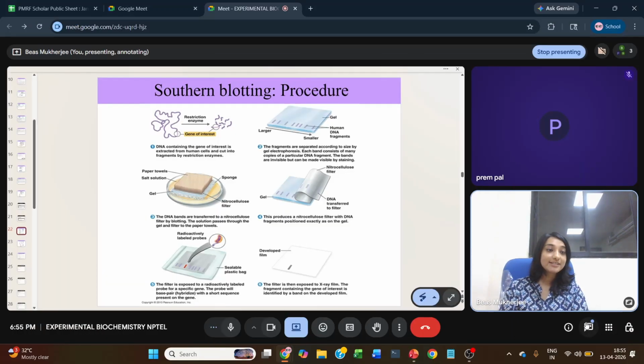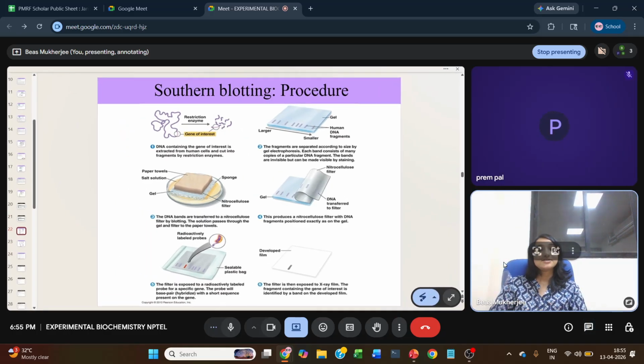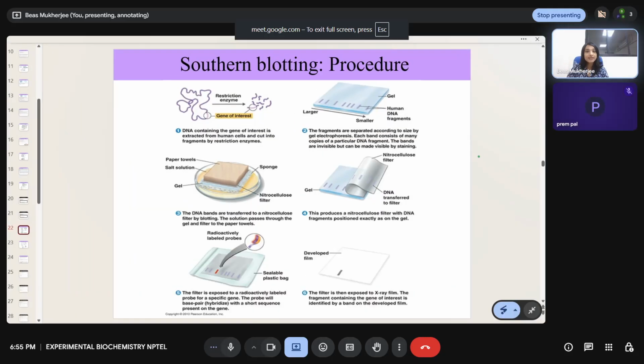Now, Southern blotting procedure. Okay. So what is there in the Southern blotting procedure? Let's see. I will zoom in so that you can view nicely. Initially, a gene of interest is there, right? So DNA containing the gene of interest is extracted from the human cells and cut into fragments by restriction enzyme.